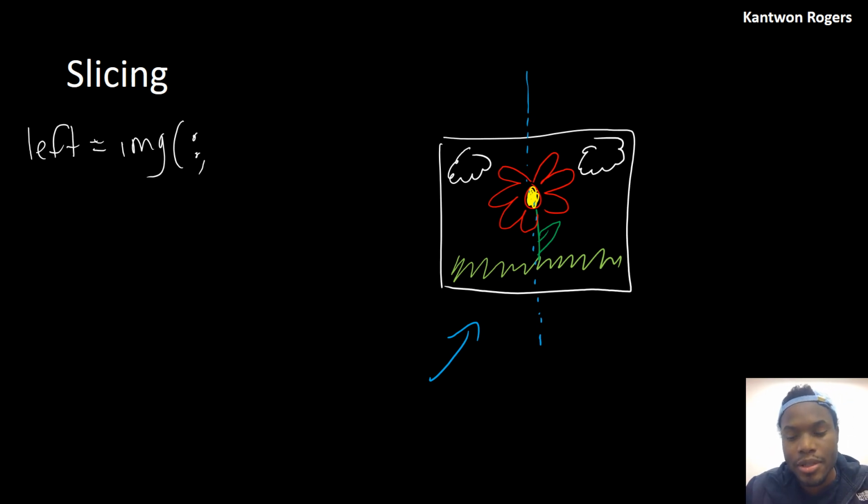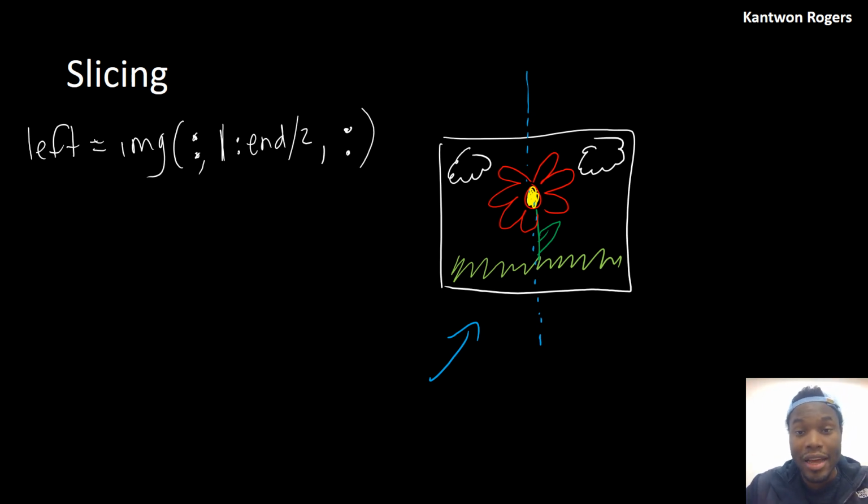For making this problem easier, let's just assume that there's an even number of rows and columns. If I wanted the first half, I can just start at the first column, go in steps of 1 until the end divided by 2 column. And for the layers, I want all the layers, so I'll just put a colon there as well.